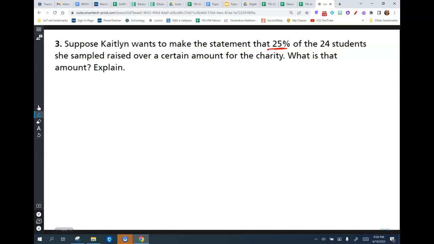So 25% of the people raised $32, up to that. Because the third quartile is 52, 75% raised $52 or less. 25% is greater than 52. So you get the idea.